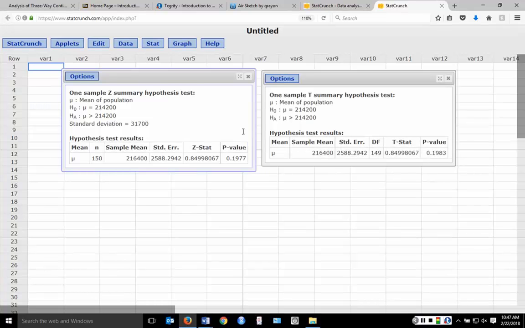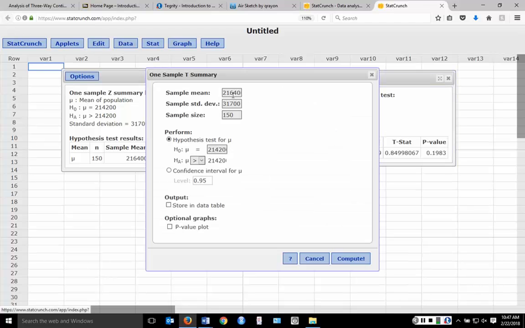So to show how big of a difference that can actually make, we're going to change numbers to be a little bit different in each one. So first on this one, I'm just going to make my sample mean a little bit bigger and make my sample size a little bit smaller.